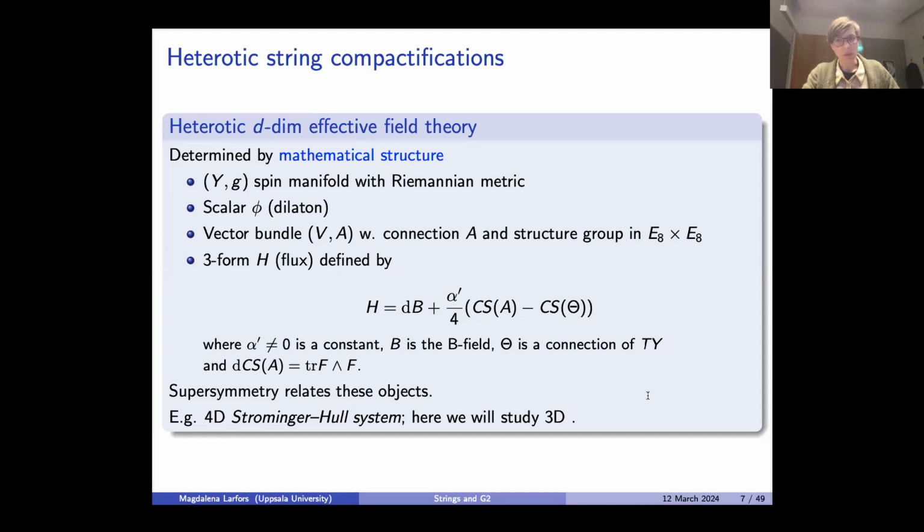So just to provide some context, if we would compactify the heterotic string on a six-dimensional manifold, this kind of setting would give us the Hull-Strominger system, where we get minimal supersymmetric four-dimensional theories coming from particular six-dimensional geometries. And what I'll talk about today is then the analog in 3 dimensions of this.